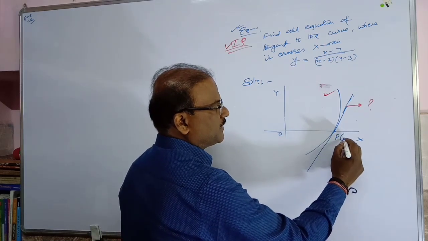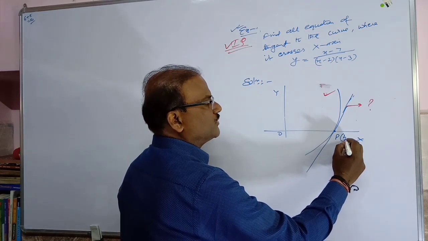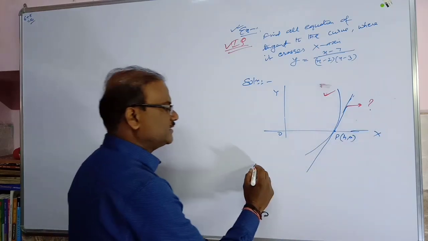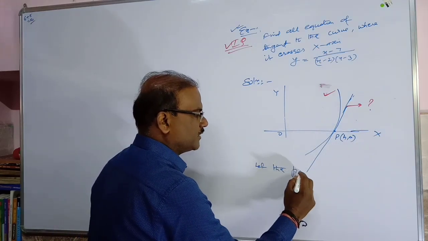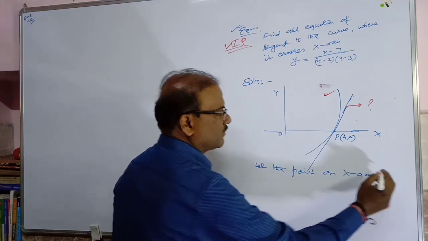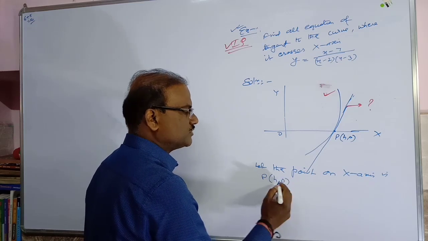Call this one as a P, h comma 0. Let the point on x-axis be P (h, 0). Why 0?